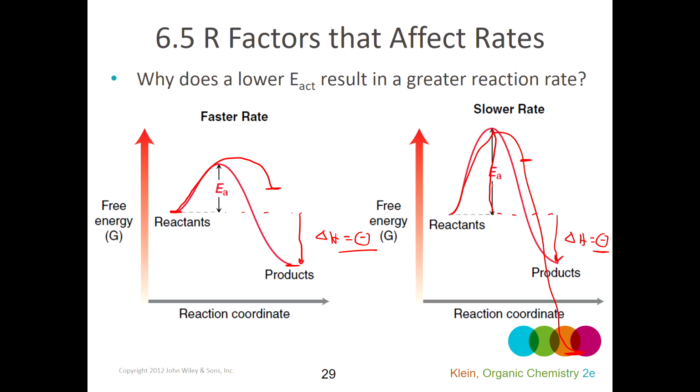So the energy relationship between the reactants and products is separate from the energy relationship between the reactants and the transition state. The activation energy does give me information about the rate. If the activation energy is a large value, like over here, it means only the strongest collisions will have enough energy to break the electrons away from their initial arrangement, and so the products will only form very rarely.